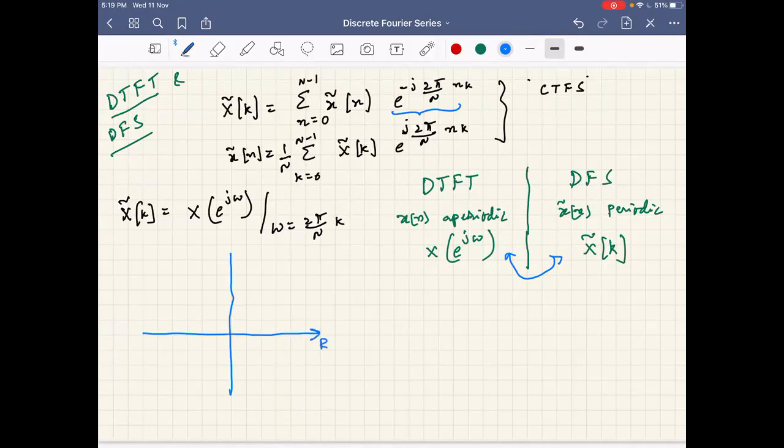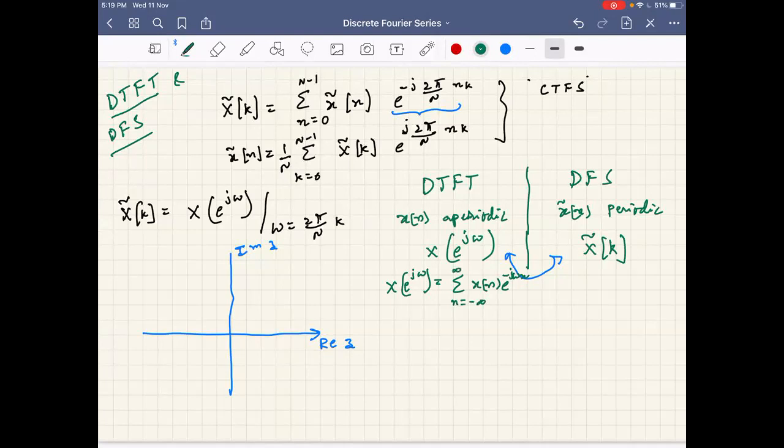So this is real of Z and this is imaginary of Z. If we write the discrete time Fourier transform expression, how do I write? X of e power j omega is equal to summation x of n e power minus j omega n, with n ranging from minus infinity to infinity.